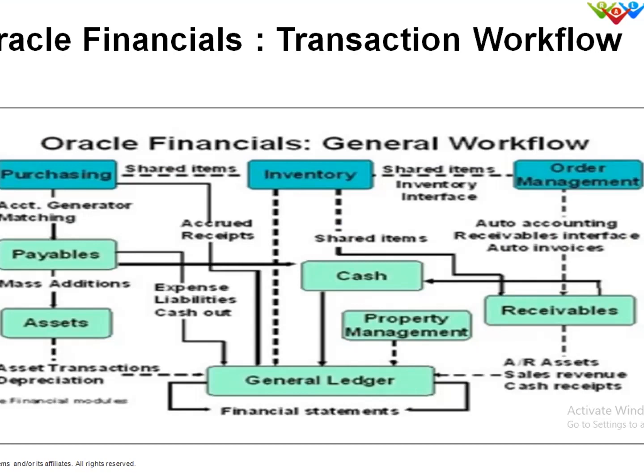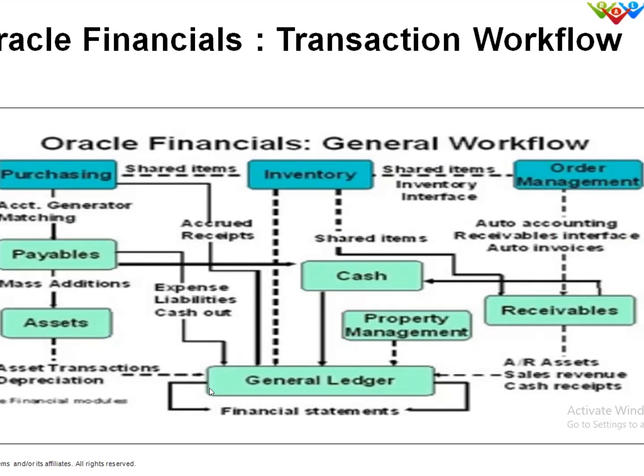If there is any accounting entry, which means if there is any financial impact, you have to create an accounting entry, which is automatic. If there is any accounting entry in any of the sub modules, eventually it is going to flow down to the GL module. From purchasing, all your purchasing accounting entries will flow to GL. From payables, all your vendor related, payment related accounting entries will flow down to GL. Same way in all other modules.